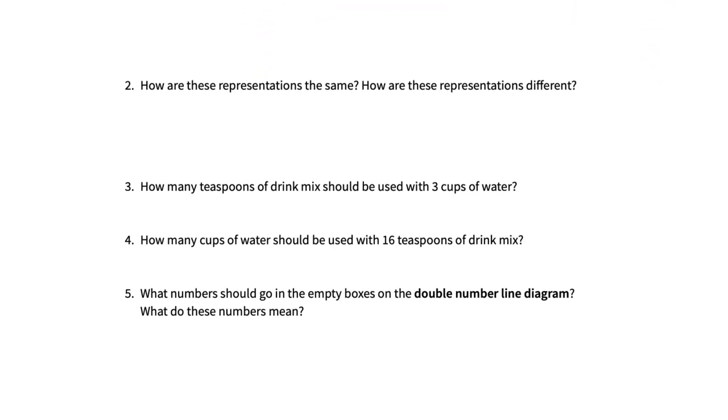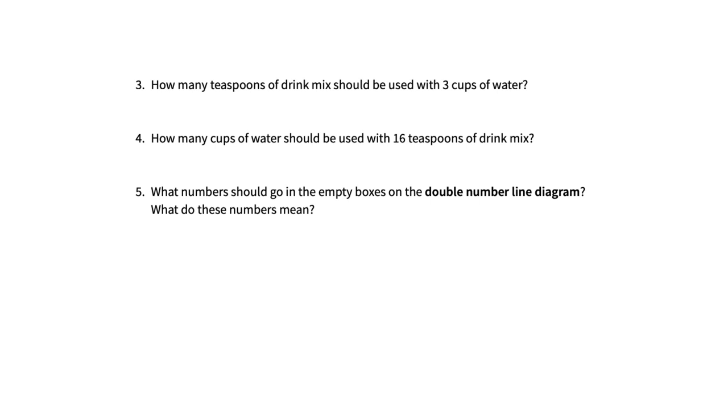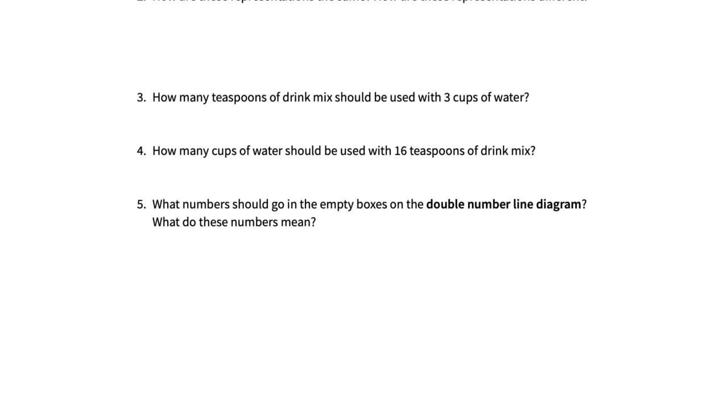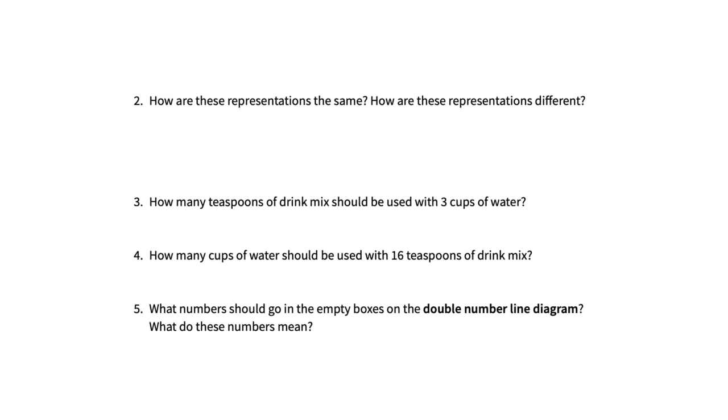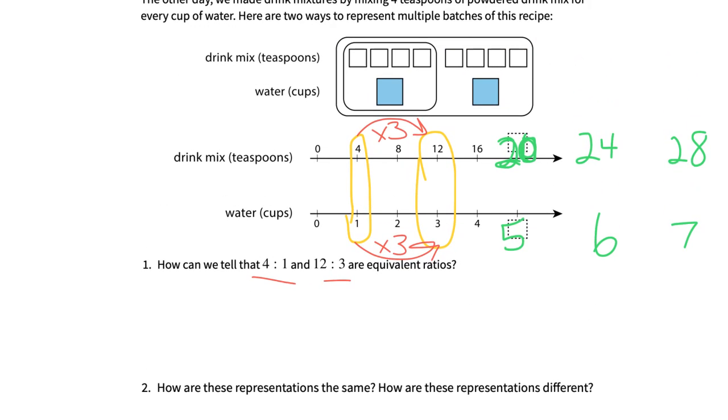So let's keep going. So how many teaspoons of drink mix should be used with 3 cups of water? That's this question right here. And so in order to answer that, if we have 3 cups of water right here, oops, nope, that's 2 cups of water.